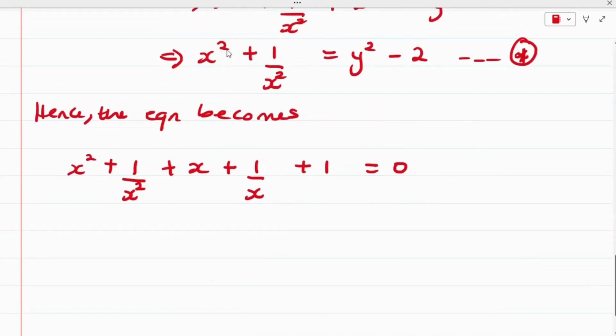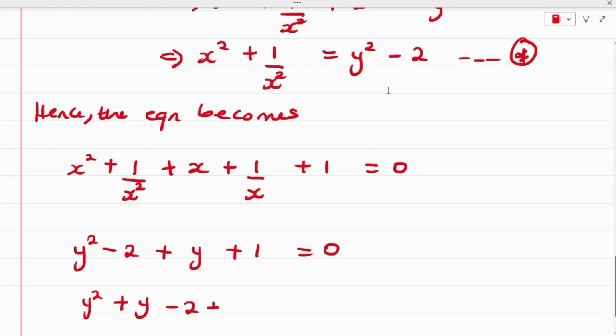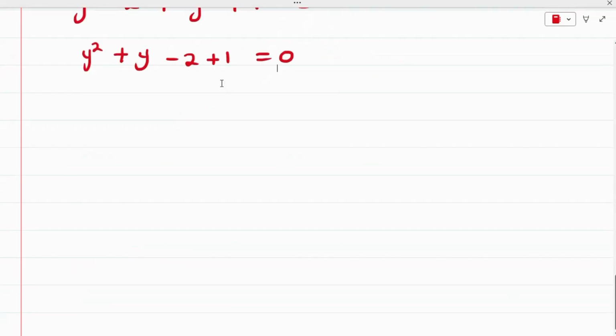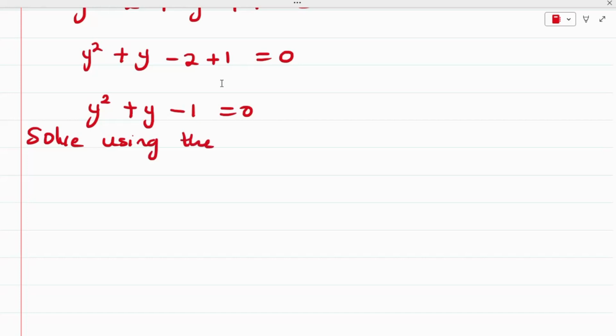And we know that x squared plus 1 over x squared is equal to y squared minus 2. So this becomes y squared minus 2 plus (x plus 1 over x is y) plus 1 is equal to 0. So we have this to be y squared plus y minus 2 plus 1, which is negative 1, is equal to 0. So we are going to solve using the quadratic formula.